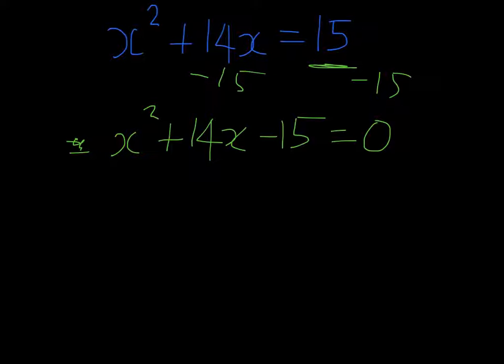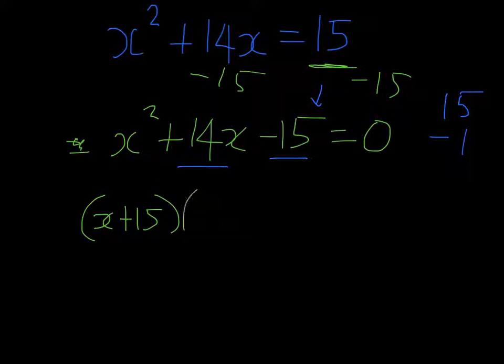We're looking for 2 terms that multiply to -15 but add to +14. Again, off the top of my head, those terms are 15 and -1. So that's what our equation looks like: x plus 15, x take away 1 equals 0. You could check that by expanding the quadratic if you like.